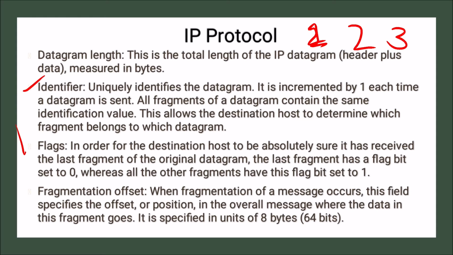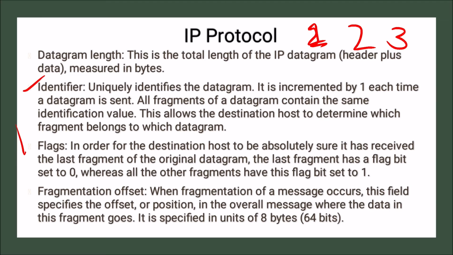So this field is for determining that the whole datagram is received at the destination. At the destination host, this bit is checked, and if it is 0, it means the last fragment of the original datagram is received.